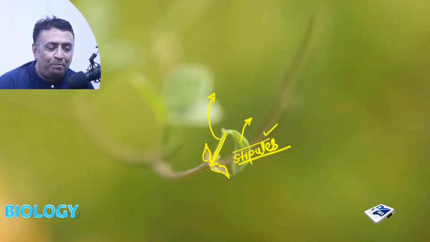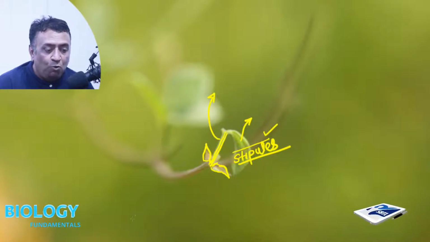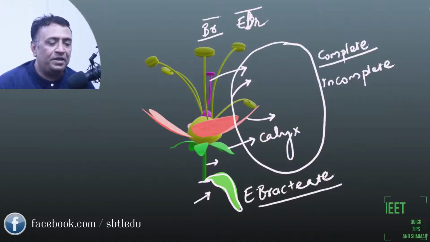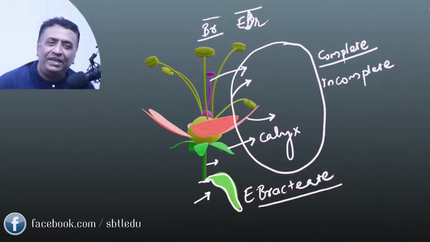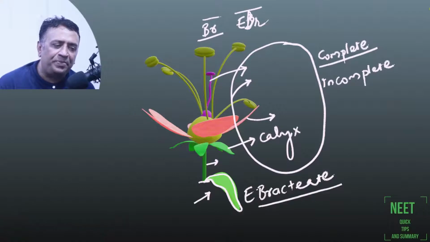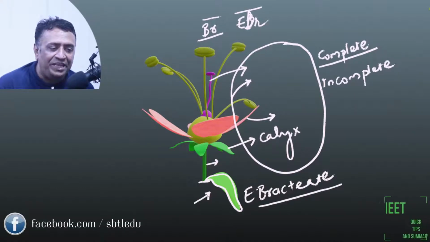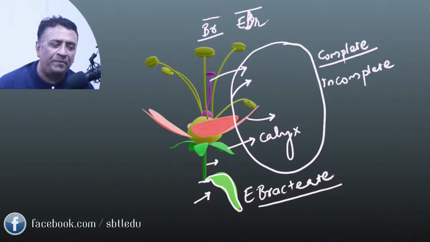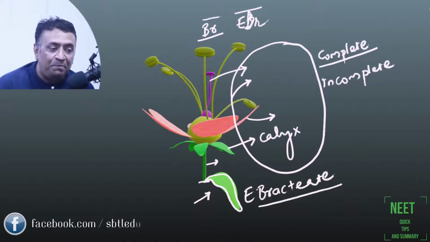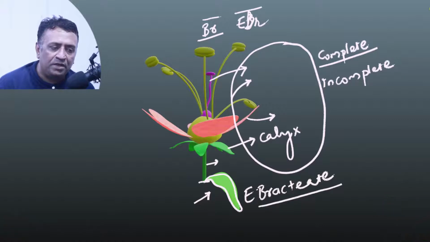Stipules are present at the base of petiole, that is the stalk of the leaf, while bracts are leafy appendages present at the base of pedicel, that is the stalk of the flower.